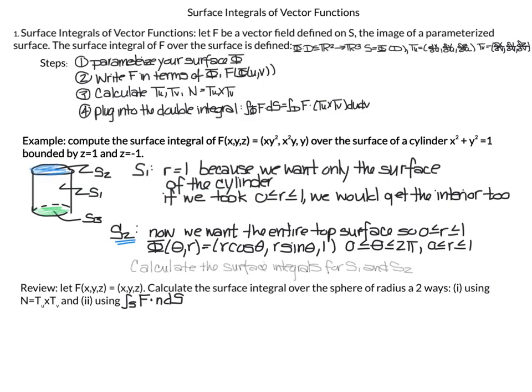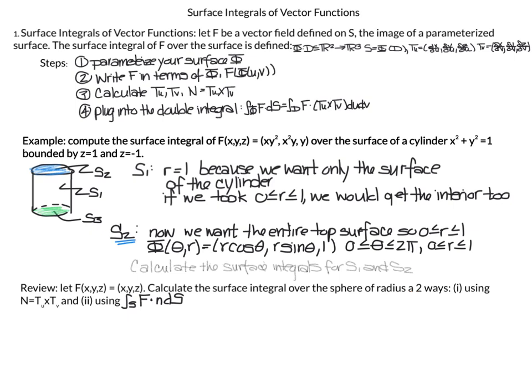For review, I have these two problems here for you to work. If you remember, for the cylinder, I left S1 and S2 for you to try, but I did start you out with the parameterization. The second problem is to let F of xyz equal xyz. This is the radial vector field, and I did use a capital F. Calculate the surface integral over the sphere of radius a.